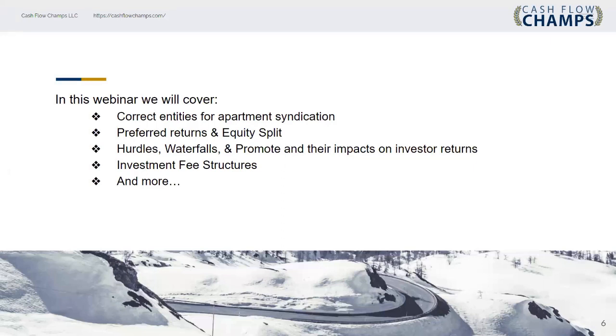Now, the preferred return can be cumulative and it can be non-cumulative, right? So what does that mean? It means that if you have a preferred return that's cumulative, then when the money comes in, if there's a shortfall, it carries on to the next year, right? Let's give an example.